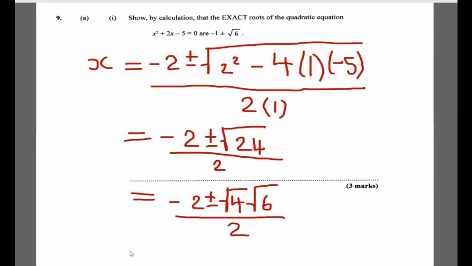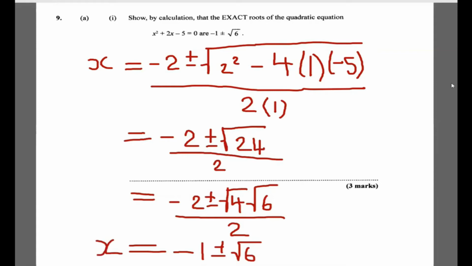Now, -2 over 2 is -1, plus or minus. The square root of 4 is 2, and 2 divided by 2 is 1. And so we're left with just the square root of 6. And so x is equal to -1 plus or minus √6.